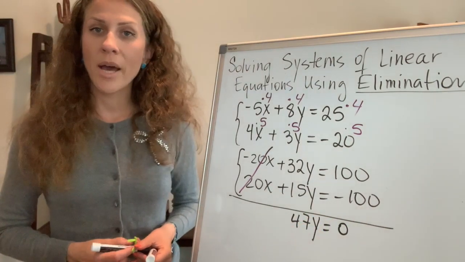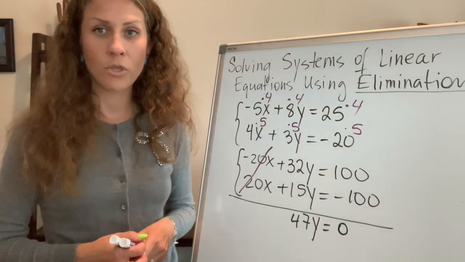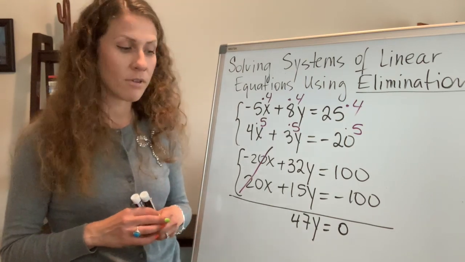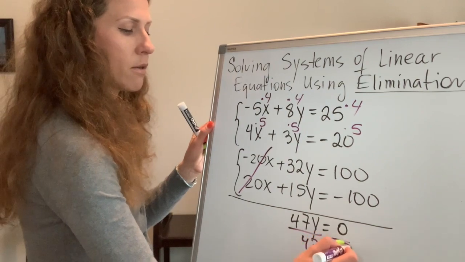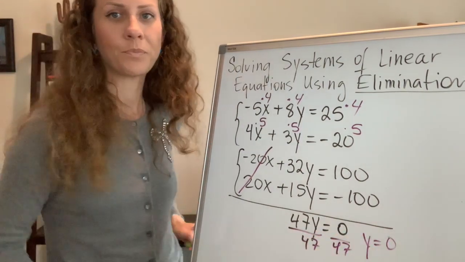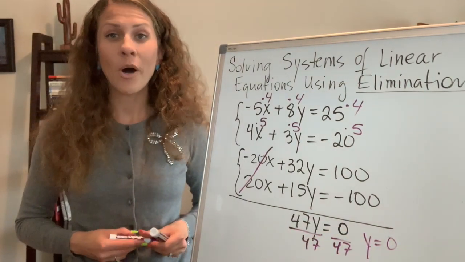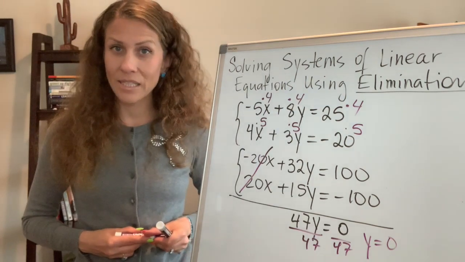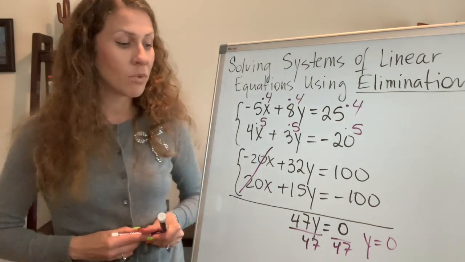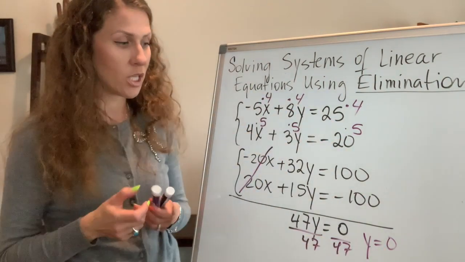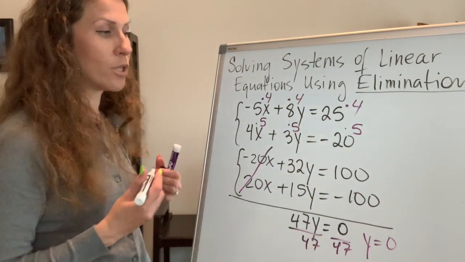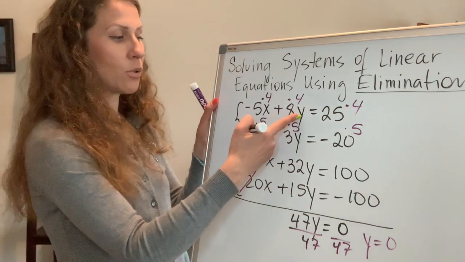So how to get y by itself now is to divide both sides by 47. If I divide both sides by 47, I'll get y equals 0. And that's the first part of the solution. Now I have to find the x. Remember, to find the x, I simply replace y with 0 in one of the two equations. It doesn't matter which one, I'm just going to go with the first one. So y becomes a 0 here.